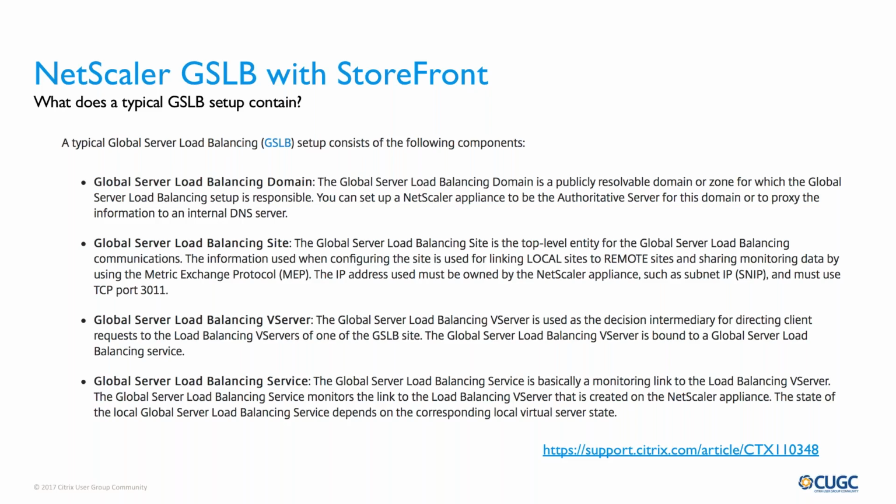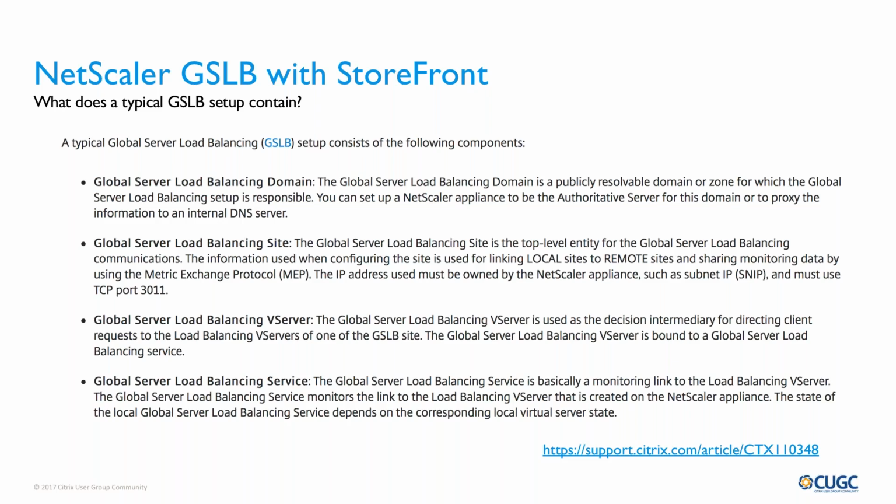And data about those sites is shared between the NetScaler units using something called metric exchange protocol. Basically, that allows the NetScalers to communicate the status of the site. So, for example, if one NetScaler HA pair falls over due to a power outage in a data center, then metric exchange protocol is what determines that that's not available.